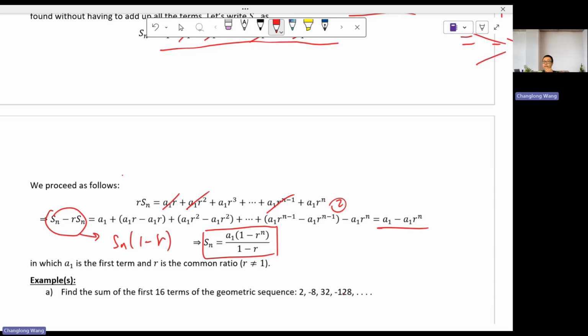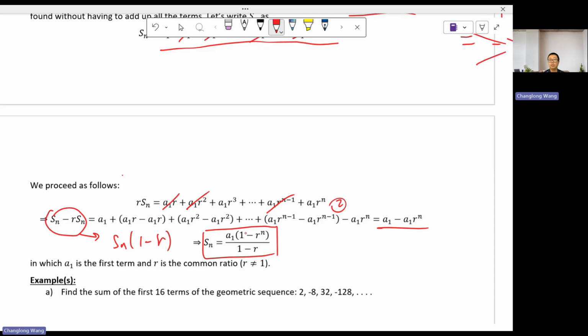And it takes A sub 1, right, the starting point, the first term, and the common ratio, and it's raised to the power n. But it looks a lot more complicated than Gauss's formula for the arithmetic sequence, right? Not to mention, we have the powers, we have the divisions, right? Or sometimes, people might mess up the order, right? So they thought that it's R to the n minus 1, right?